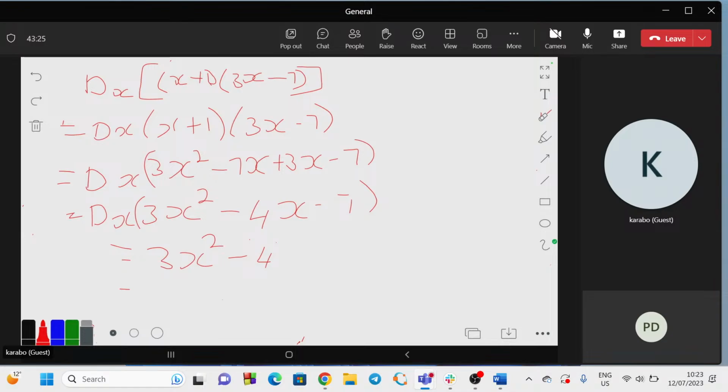You can erase that 3x squared minus 4, it does not mean anything. You start properly. You write nice things here. Even, yeah, it's fine.